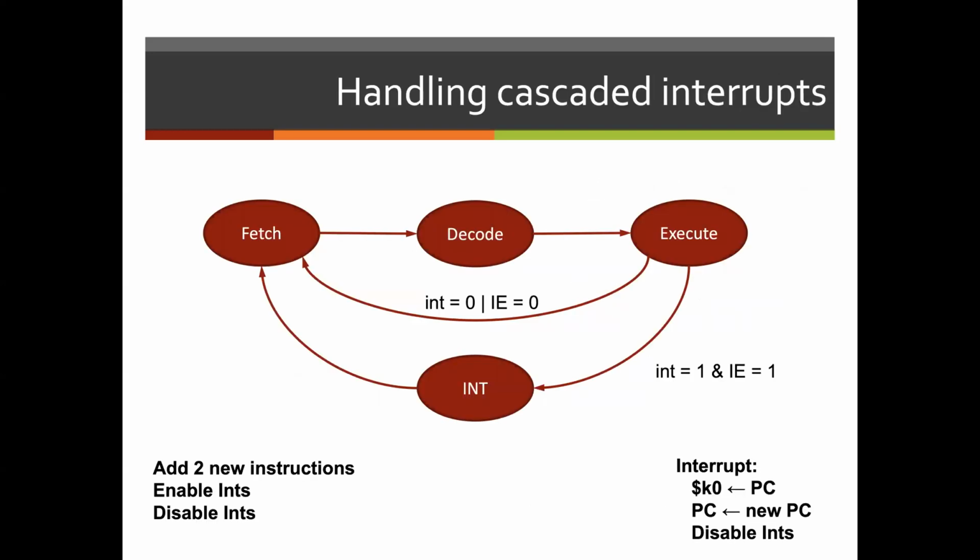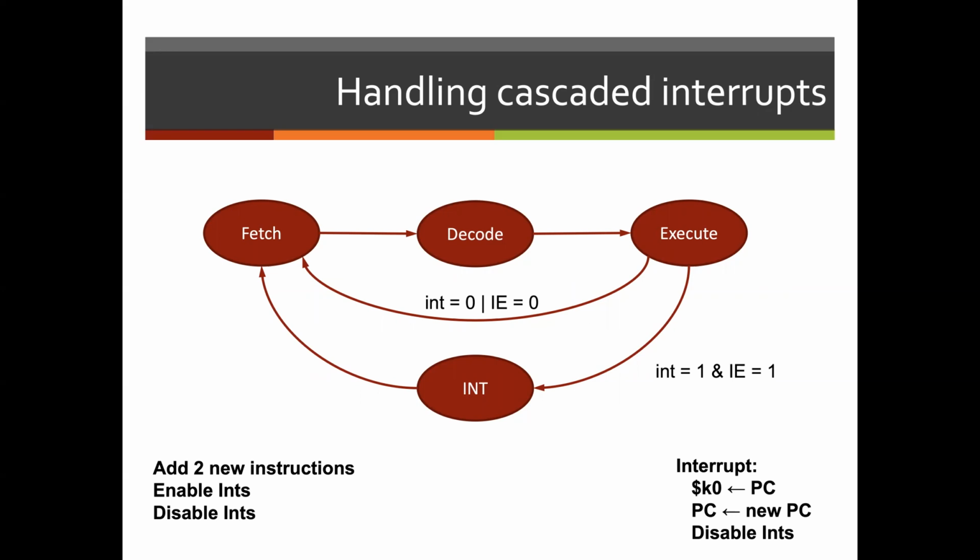And so how is this represented in our finite state machine? So we have our advance into the interrupt macro state if int is set to 1 and IE is also set to 1. So we've been able to incorporate new instructions to turn off interrupts. So this will disable the interrupt, and then we have a new instruction as well that will allow us to enable interrupts.